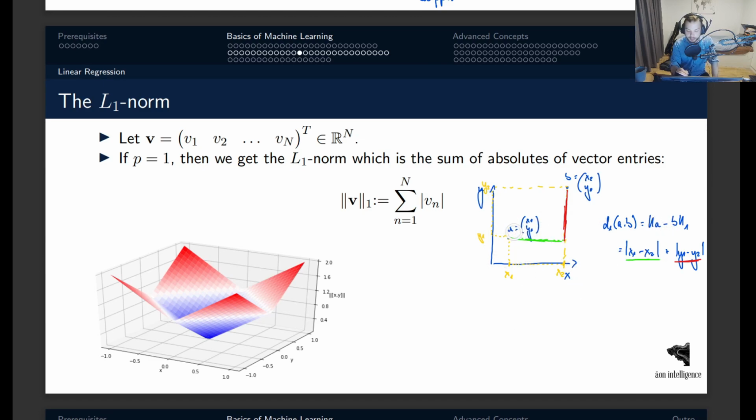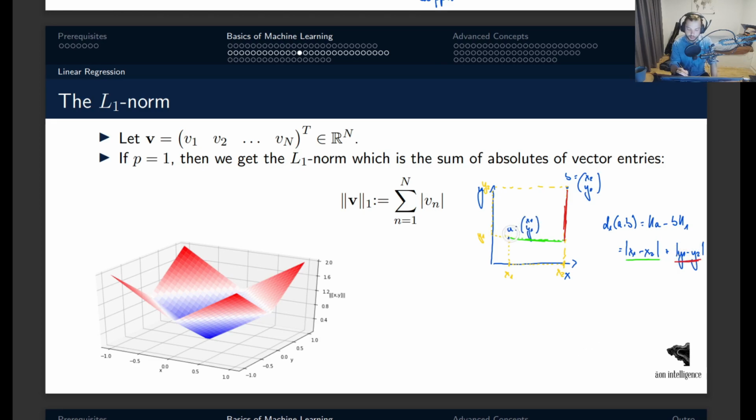We have 2 points A, which has components x1 and y1, and point B, which has components x2 and y2. And if we calculate the L1 norm of the difference between these 2 points, so the distance between A and B, then we add the absolute value of the difference between the x1 and x2 components and the absolute value of the y1 and y2 components.